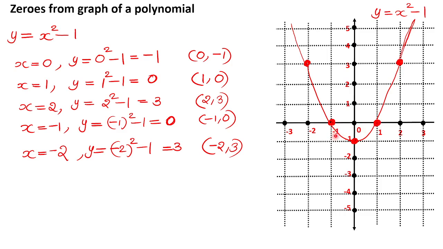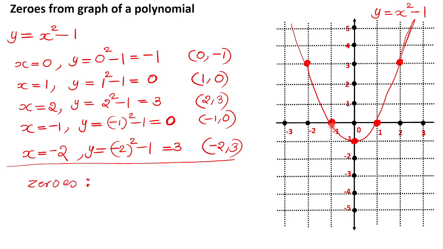When x equal to minus 1, the polynomial value is 0. So from the graph we can find the zeros of the polynomial.